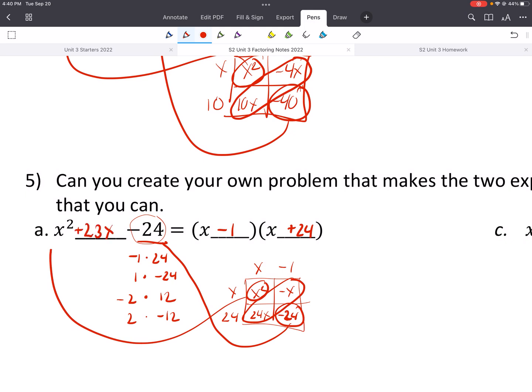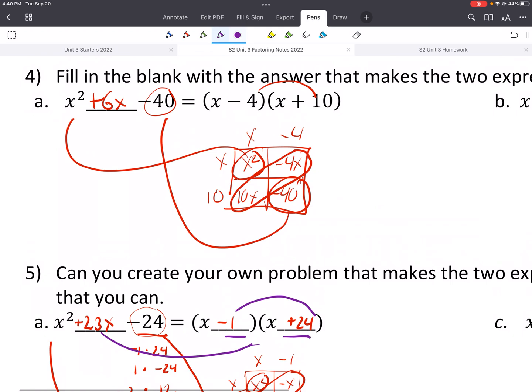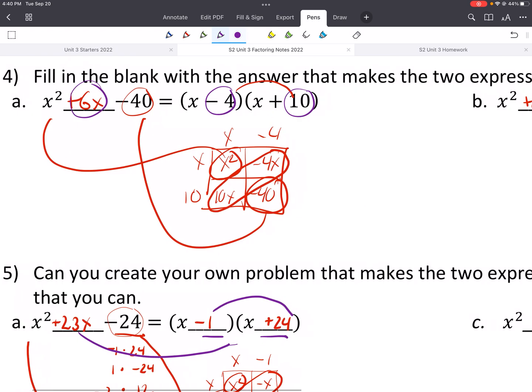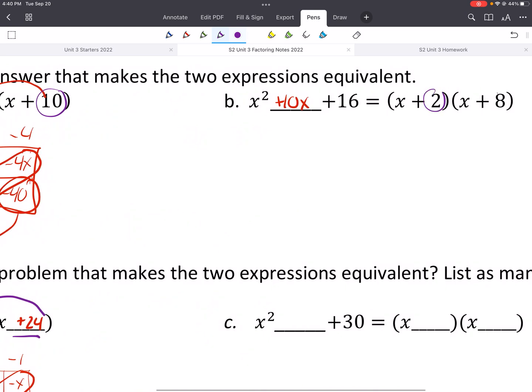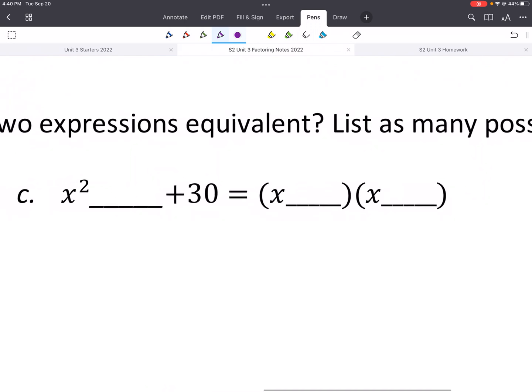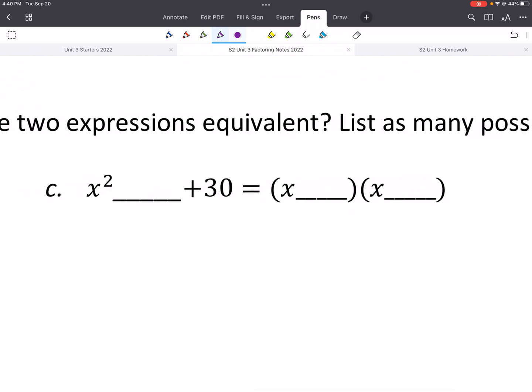One thing that will perhaps save you some time is this is what multiplies to, and this is what you add to. If you were to add those together, that gives you 23. If we add these together, it gives us 6. Here, if we add these together, that gives us 10x. Okay? So, why don't you give C a try? I'm going to come up with my example.